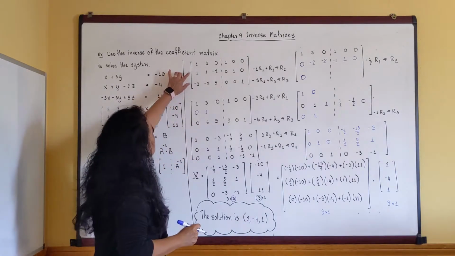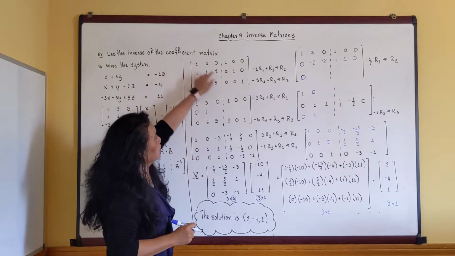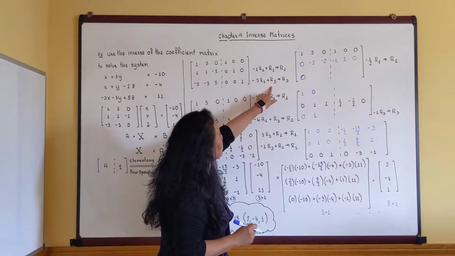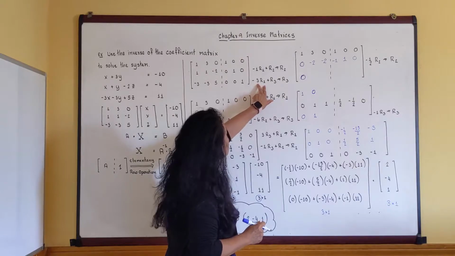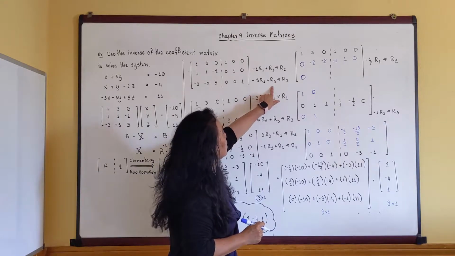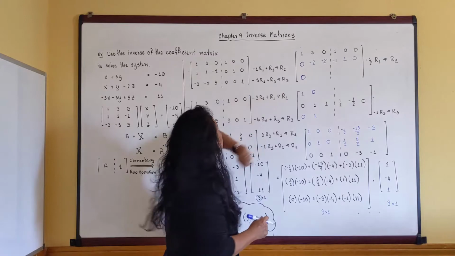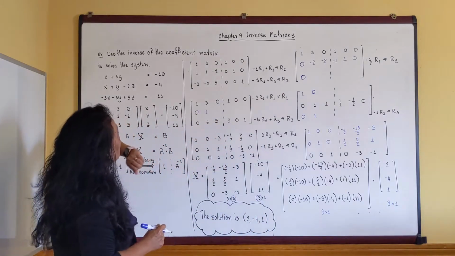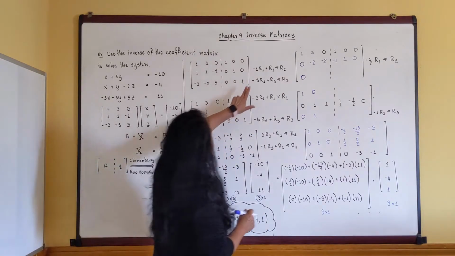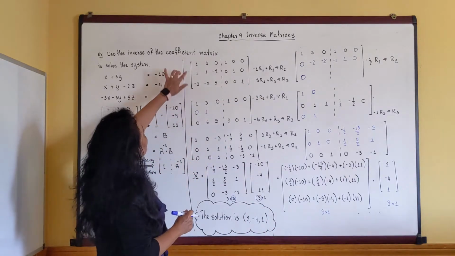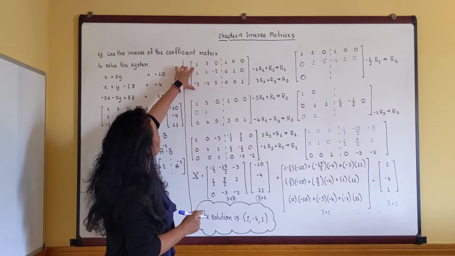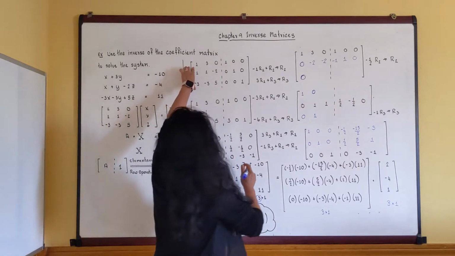For this one, I'm going to multiply the first row by 3, add to the third row, and the result goes to the third row. So 3 and negative 3 is 0.